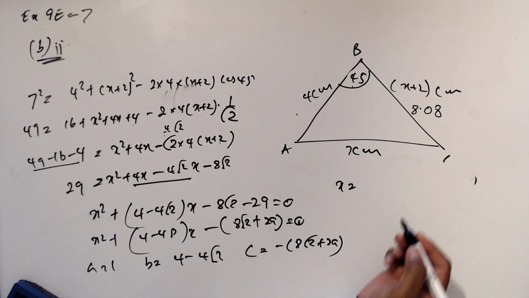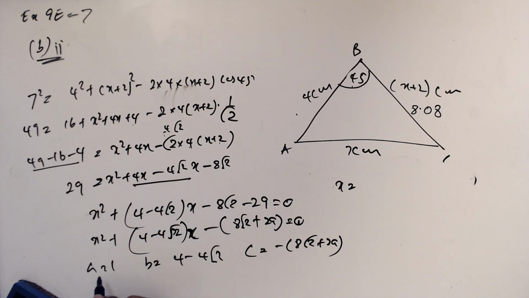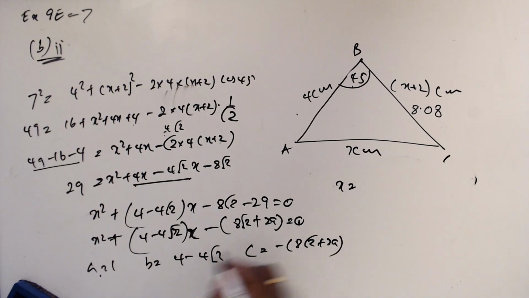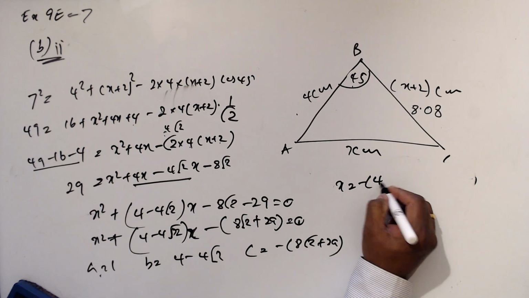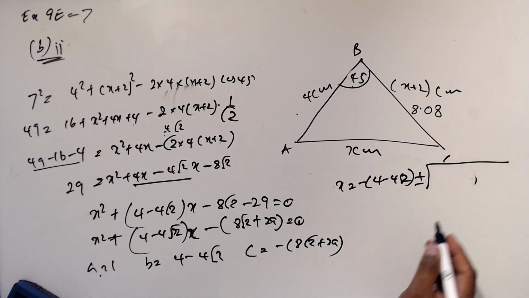Now x equals, this is x. a equals 1, b equals this one, minus b, minus 4 minus 4 square root 2 plus 4 minus b square.